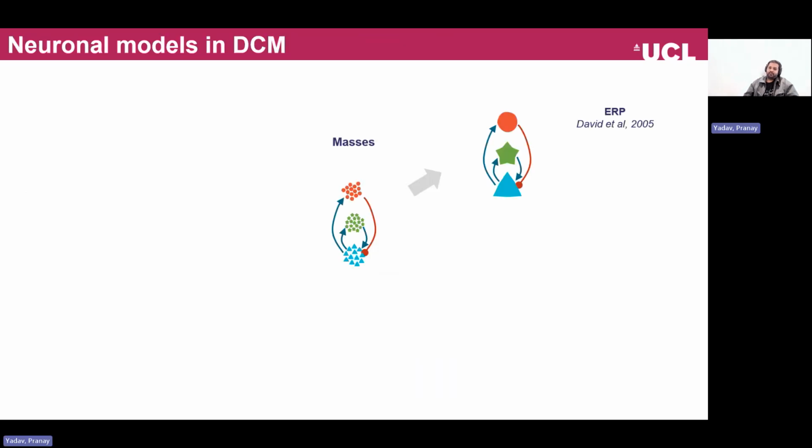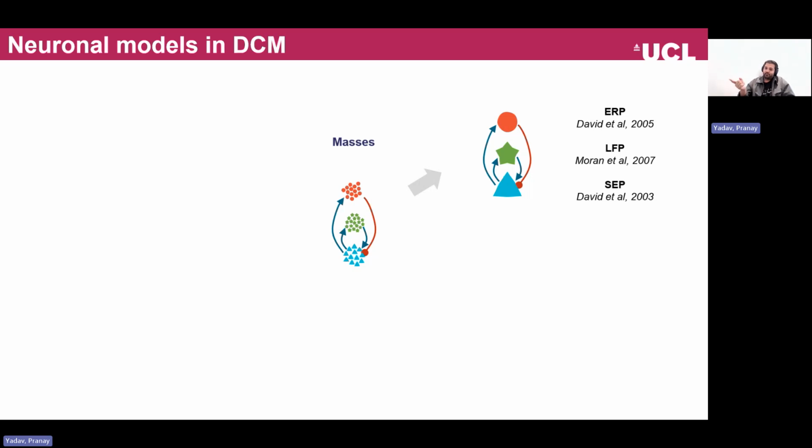Right. So now I'll briefly touch upon the various sorts of neuronal models in DCM. The one we just saw is the ERP model. There are two variations of it, the LFP and the SEP model, both of which have similar architectures, but the parameterization is slightly different to produce faster dynamics.